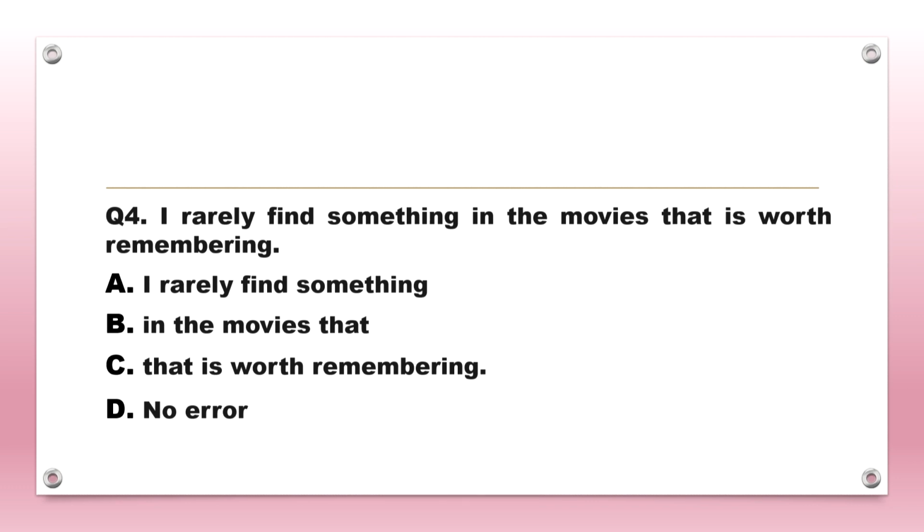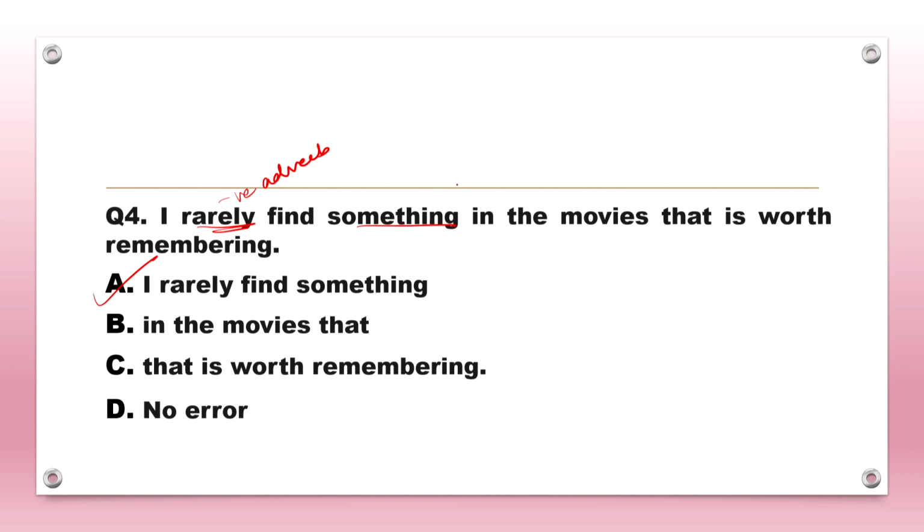Is it done? Let us discuss. In this sentence, the grammatical error lies in option A. Something is a positive word and it is used in a sentence that has a positive sense. Really is a negative adverb and the sentence is also having a negative sense because the subject did not find a thing worth remembering.